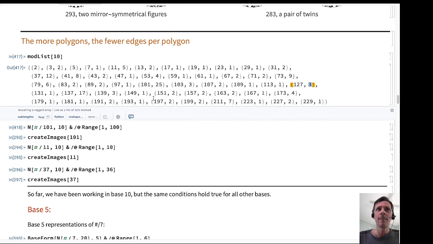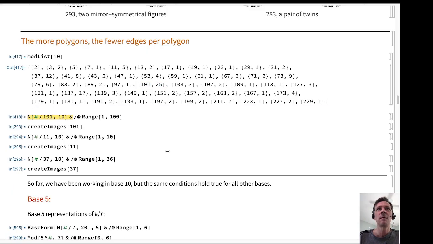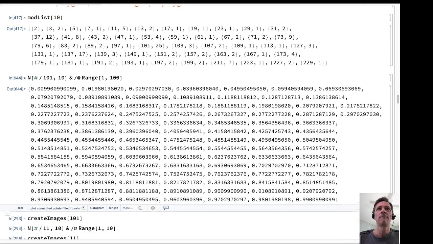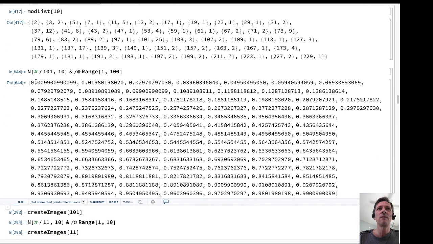So the extreme cases seem to be, yeah, 101. Oh yeah, this one I overlooked. Denominator 101 forms 25 different polygons, and you can see why that is. These are the repeating fractions. 0099 is four different digits, yeah?